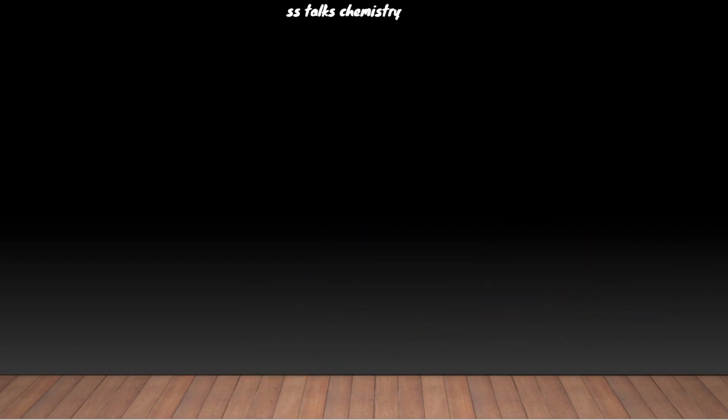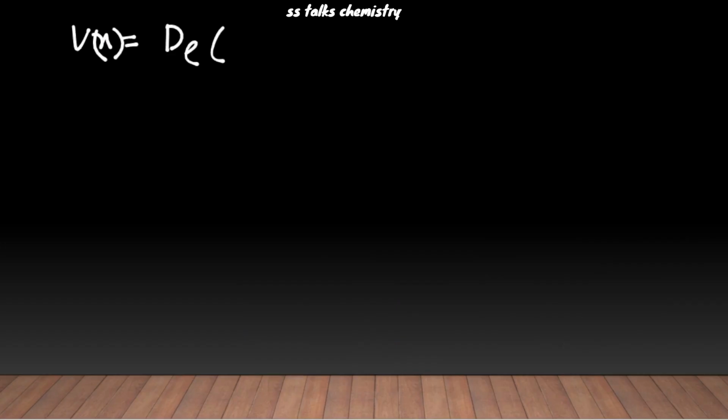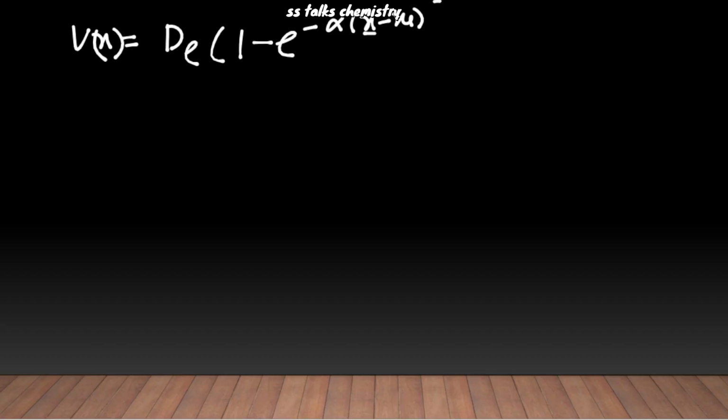Now the V value we have been given, V as a function of x, is De times (1 minus e raised to the power of minus alpha (x minus xe)) whole square.